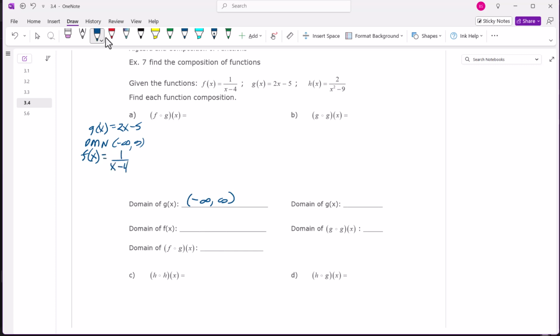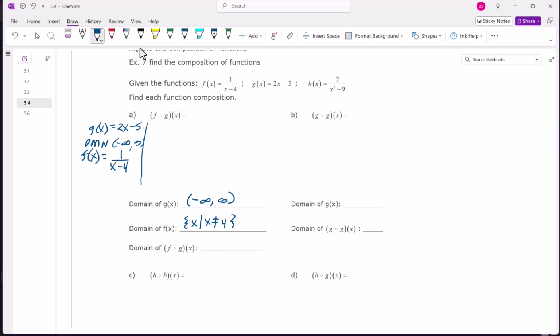So the domain of f of x is the set of x such that x is not equal to 4. X can't be 4, it causes a 0 denominator. So you want to start by figuring those two things out. And you can write these in set builder or interval notation, it doesn't matter.